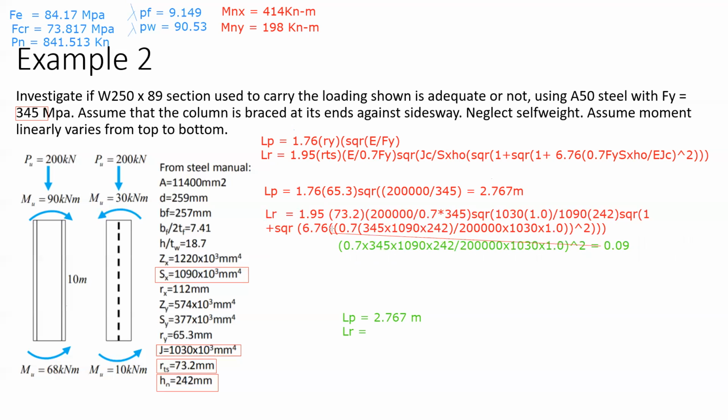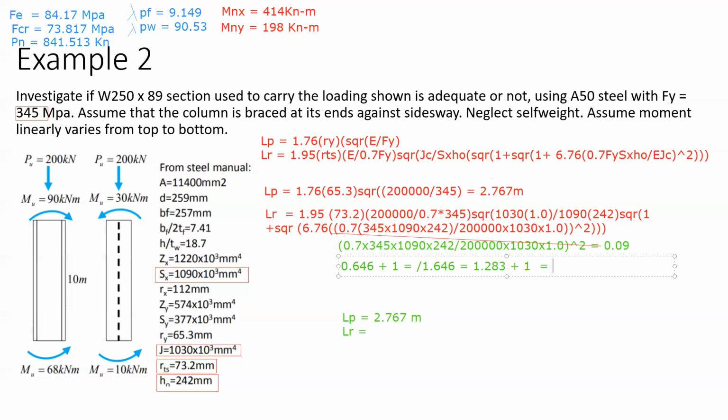Bali po, 0.646. Okay, so that is 0.646. And then meron tayong plus 1. So magiging 1.646. Tapos kunin natin yung square root nito. Bali po, 1.283.